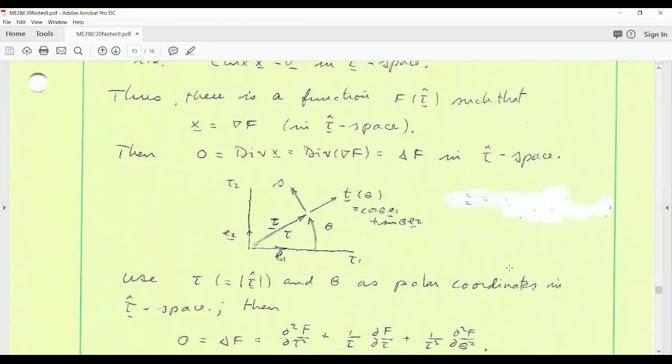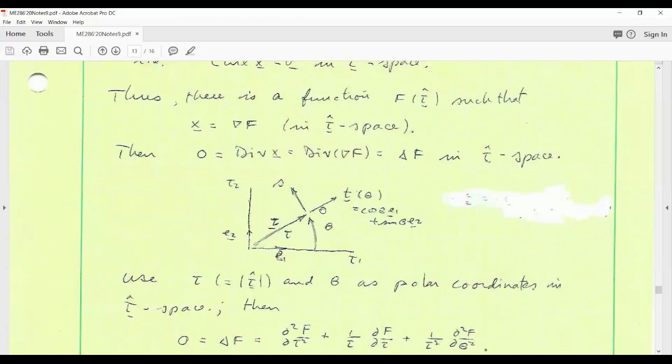Okay, so let's have a look at the geometry in stress space. So tau 1 and tau 2 are the coordinates, if you like, in stress space, replacing x1 and x2. You can use the same Cartesian orthonormal basis. And it's natural then to take the norm of tau hat to be the radius in stress space.